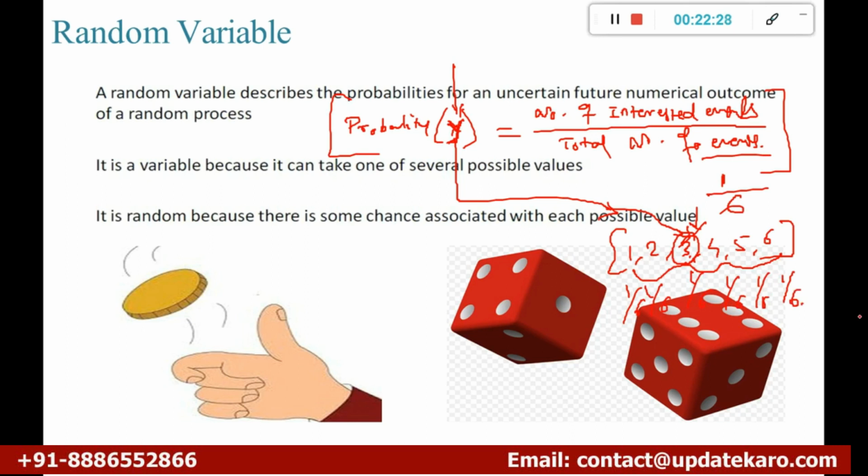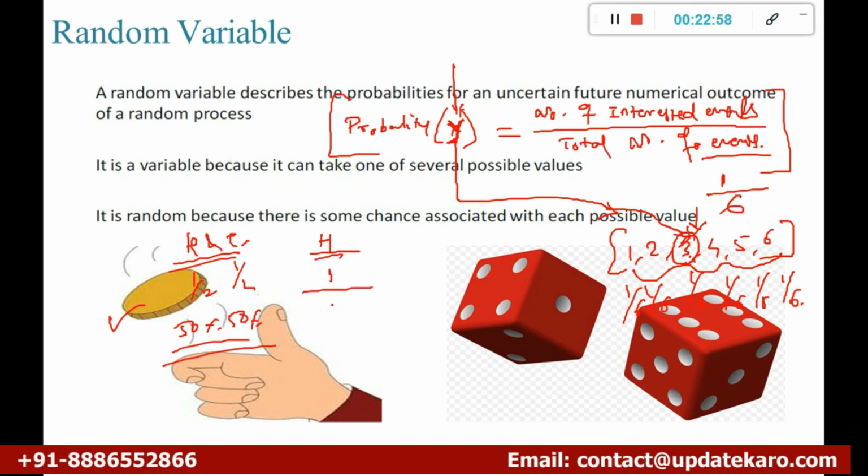And similarly we can have this example for tossing a coin as well. Here, head and tail are the only possibilities. Both of them have 1 by 2 chance, that is 50-50%. Why do they have a 50-50% chance? Because if I am interested in head, then the number of interested events is 1.